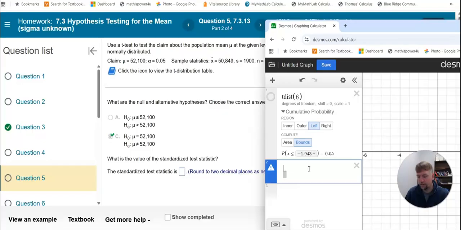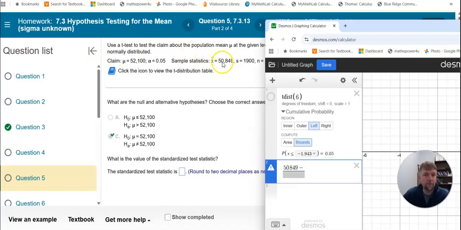So I do division first here, and then it's the measurement, which in this case is a sample mean, so it's the 50,849 minus the mean. The mean is the claimed population mean. Remember, the mean of the sample means is the population mean, so that's why this fills the role of the mean, since they're both means.